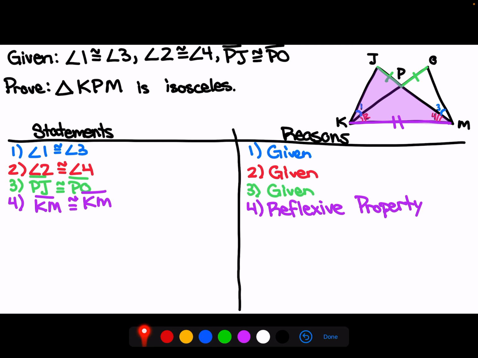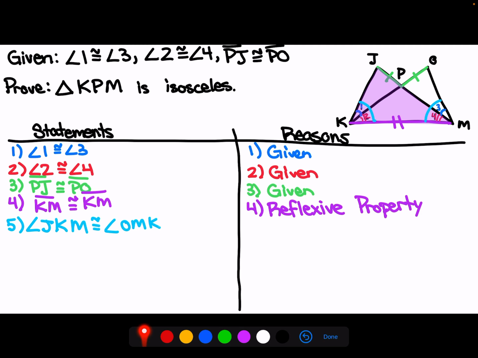Now from here, I have an angle, this red angle here, and the side. So the only other thing that I need for triangle congruency is either another side or another angle. Well, looking at this, I have angle 1 and angle 2, so I'm going to have a better chance of getting this angle here. So I'm going to go ahead and say that angle JKM is congruent to angle OMK, those two larger light blue angles.